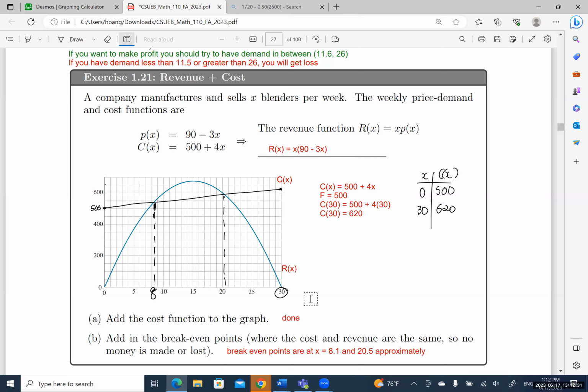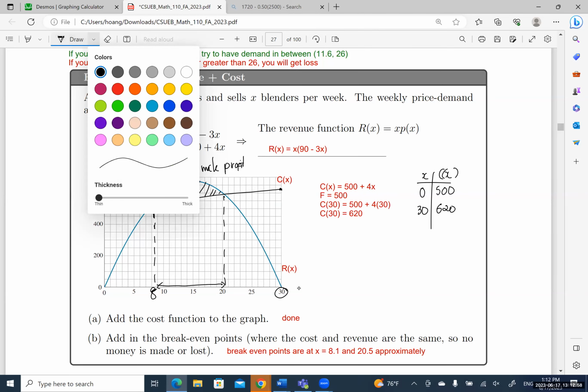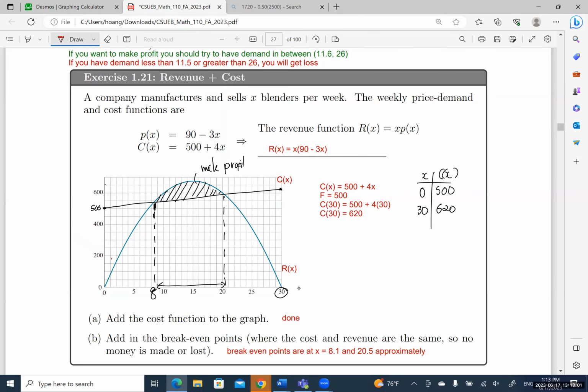Okay, so again, what is the area that makes profit? This is the area that the boss wants to get. Okay, make profit. Here, in between the two break-even points, and you don't want to get the loss, so you don't want the area that makes the cost higher than the revenue, right?